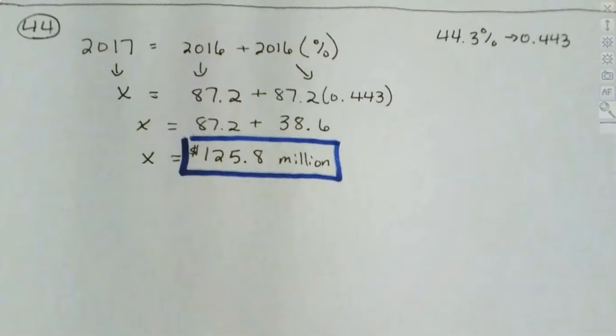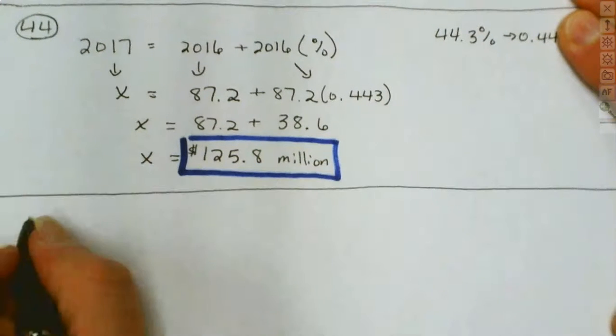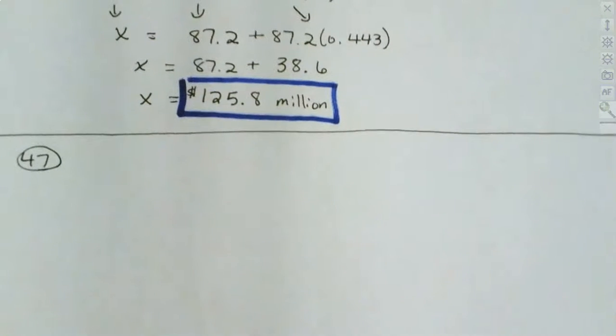Let's look at question, how about 47? This is just like the sales tax problem from a moment ago that we talked about. So question 47. And we'll take a break after this question.